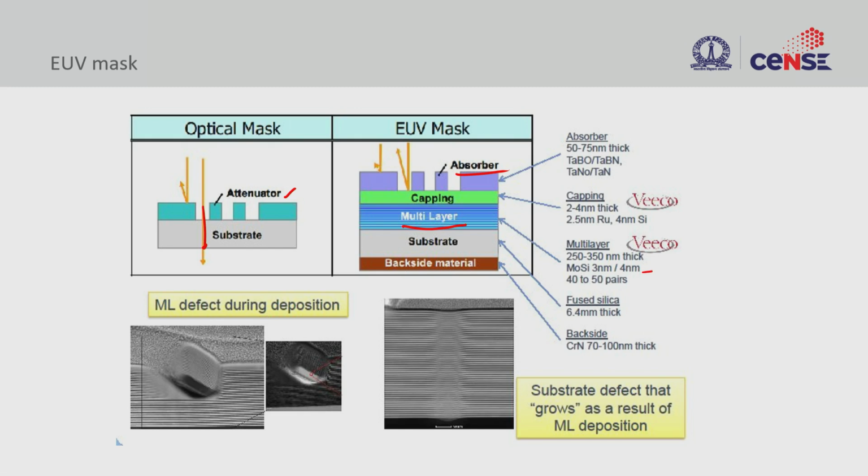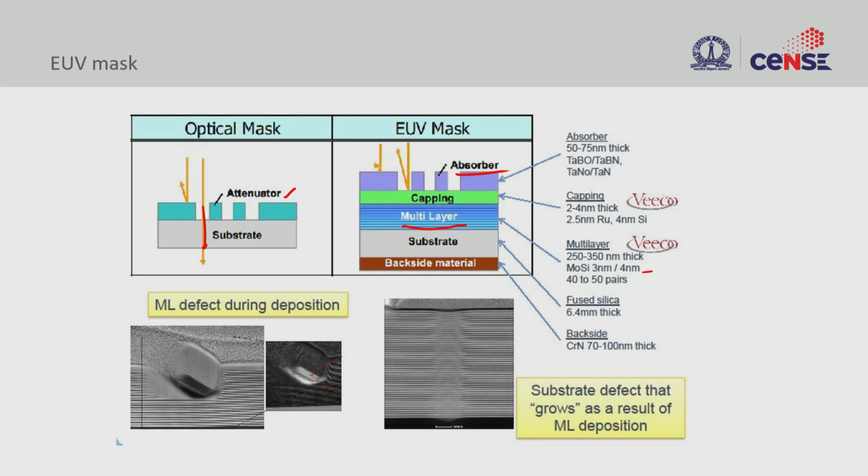Multiple layers of molybdenum and silicon create this reflection, and that reflection is again captured through the optics, and this is protected by a capping layer. So you want these layers to be transparent, not absorbing. At the same time, they should also be responsive to the wavelength. That is how you create this reflection.